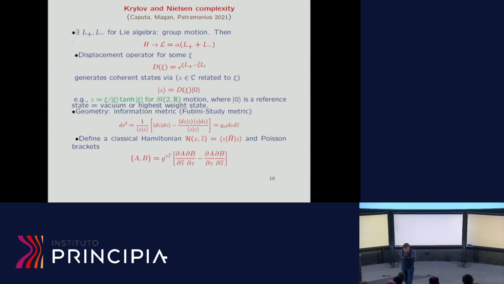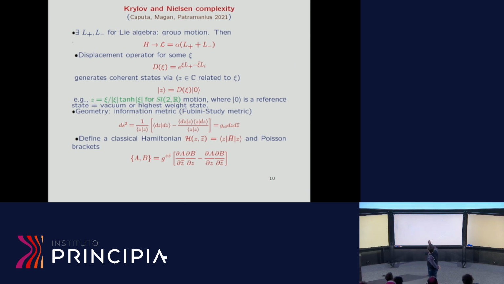Then there's a relation between Krylov and Nielsen complexity that was found by these people. So if we have a motion on a Lie algebra, so on a group, rather, from the Hamiltonian one constructs an action via this operator alpha times L plus and L minus, where L plus and minus are two operators in the Lie algebra that are raising and lowering type.